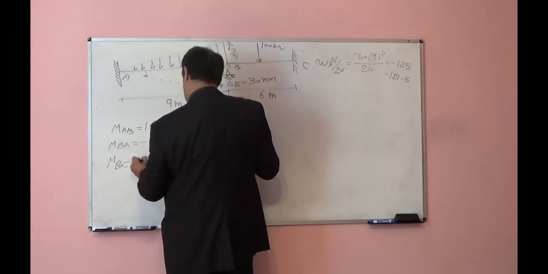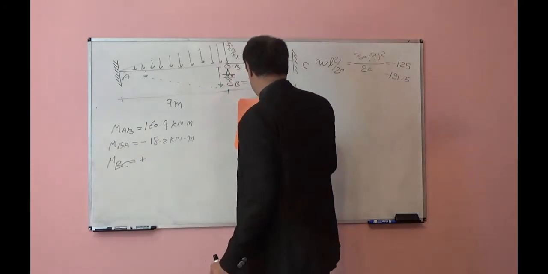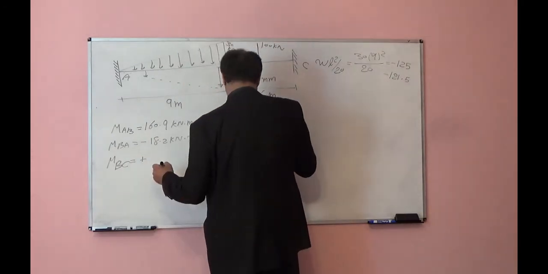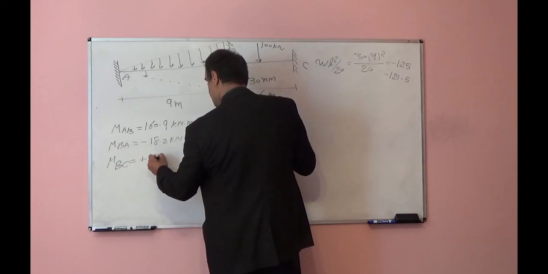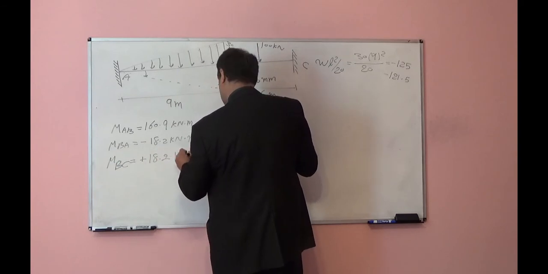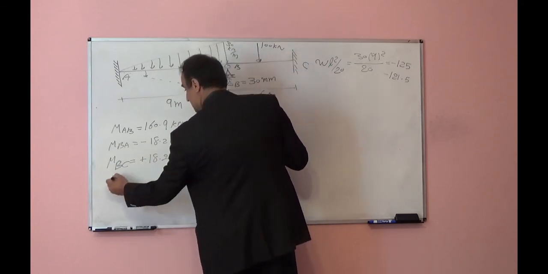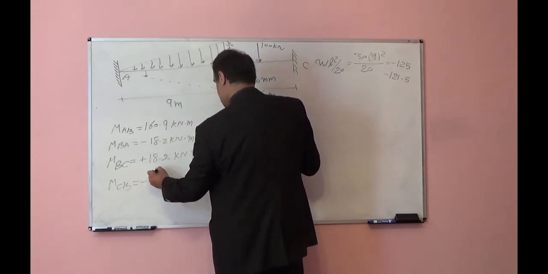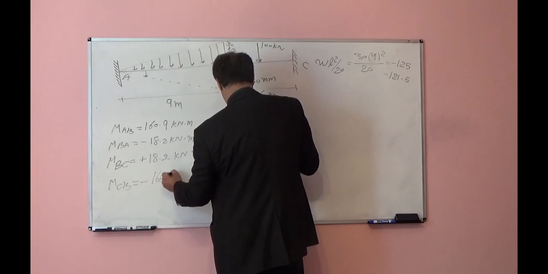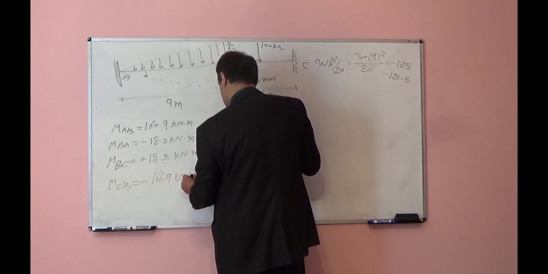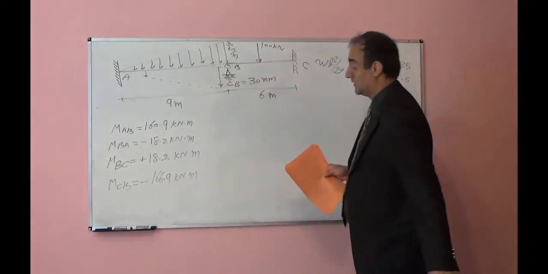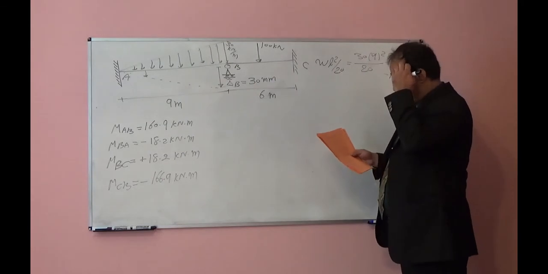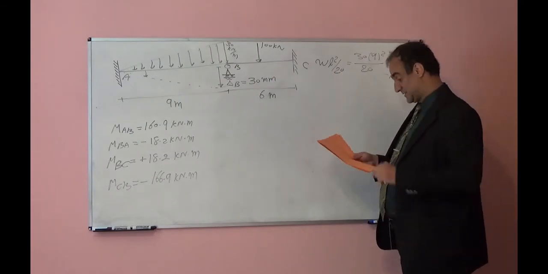MBC will be positive 18.2 kilonewton meter. MCB will be negative 166.9 kilonewton meter. So these are our moments.